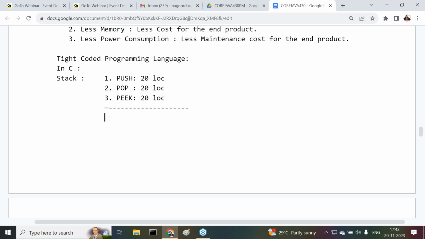Overall, to perform these stack operations, on average 60 lines of code in the C programming language.